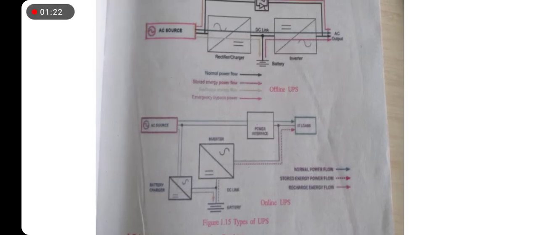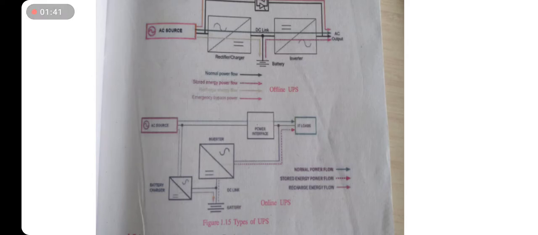The dotted arrow indicates stored energy power flow, and the slightly faded orange color arrow indicates recharge energy flow.